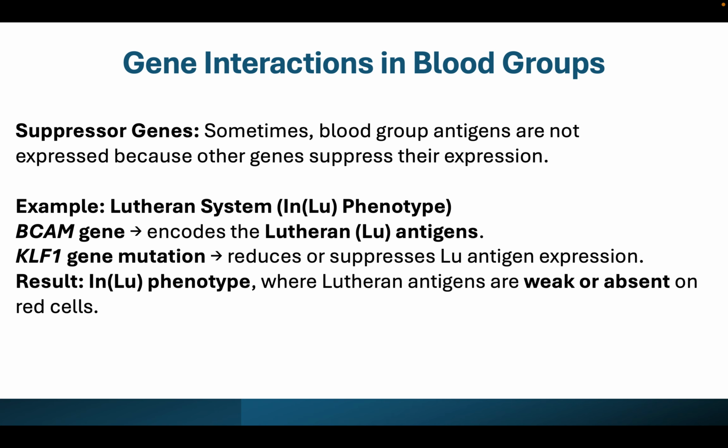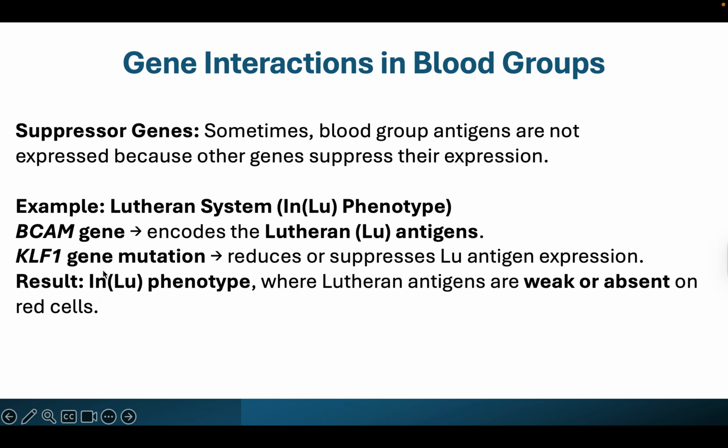So when serologically I test for Lutheran A or Lutheran B or any Lutheran antigen, I can't detect it, or it is very weakly detected, and I can do elution adsorption to detect it, and this is another story. So it looks like a negative, like a null, like I don't have the carrier at all on the red blood cell because I miss all the antigen.